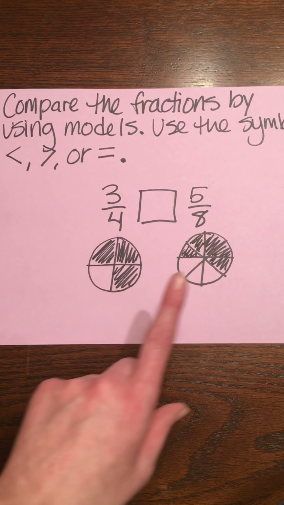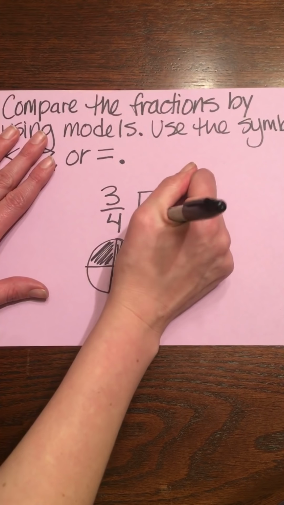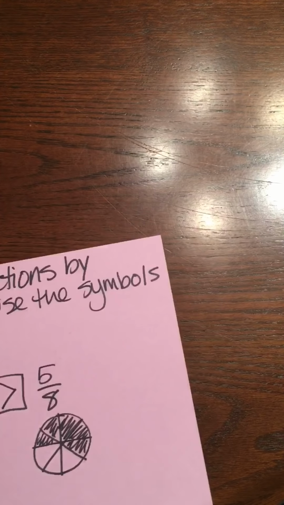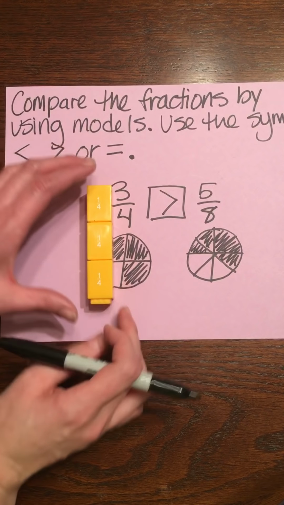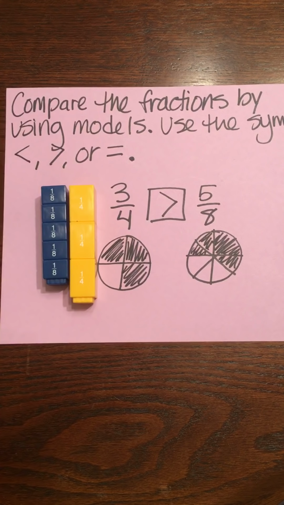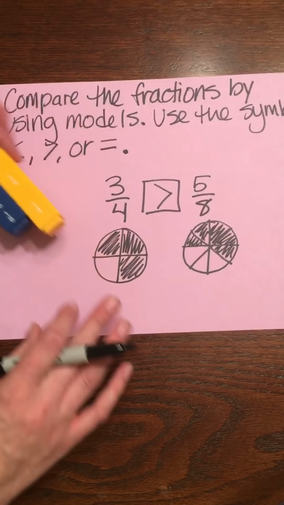This one is greater than that one because this is just a little bit less. So we are going to put the greater than sign in again. And if we use these little fraction blocks, we can also see 3/4 is greater than 5/8. So we also double checked.